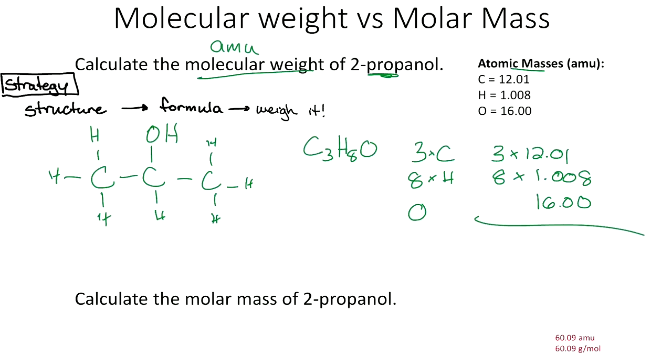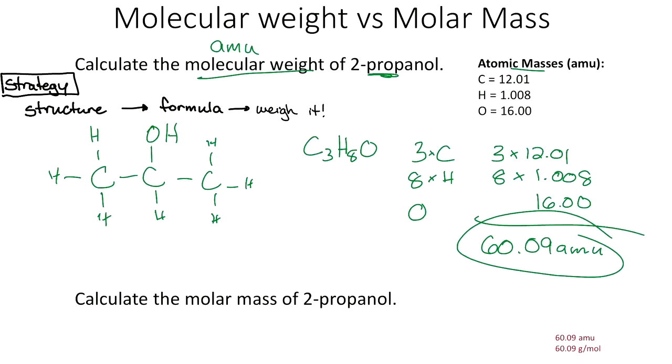Add those up and you get something like 60.09 AMU, off of the periodic table. The reason we use AMU is because we're doing molecular weight, so it's the weight of just one molecule.